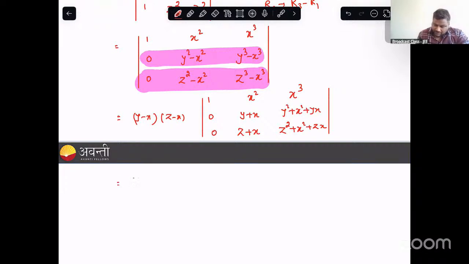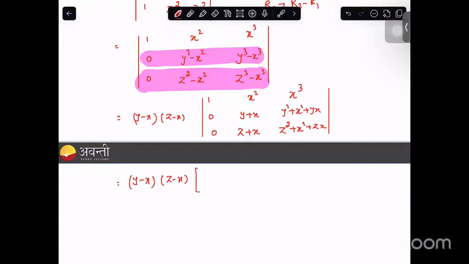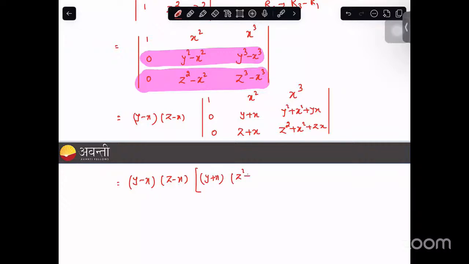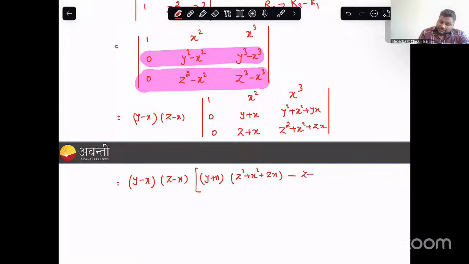Now y minus x, z minus x inside the bracket, expansion along the first column, it will be y plus x, z square plus x square plus zx minus z plus x into x square plus y square plus xy.